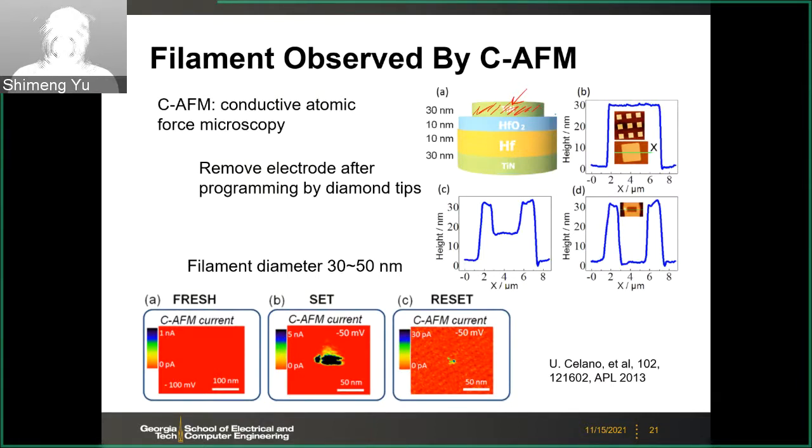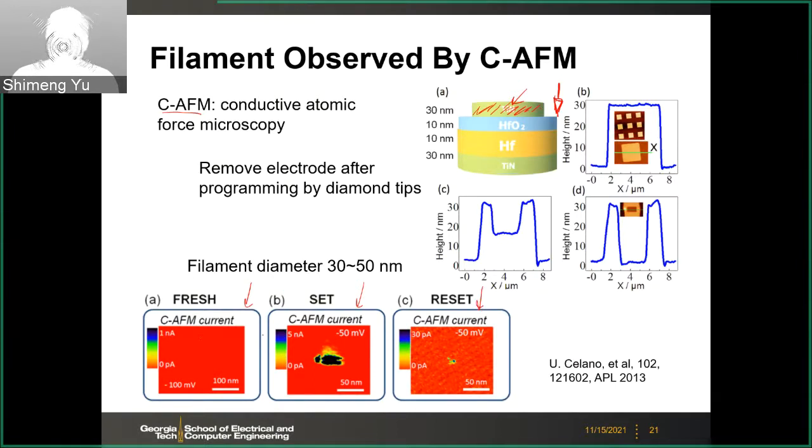And then you expose the surface of the hafnium oxide, and they use a tip. It's called conductive AFM, atomic force microscopy. It's a very precise tip to scan the surface of the hafnium oxide from the top. And then here, this is the current map after the scanning.